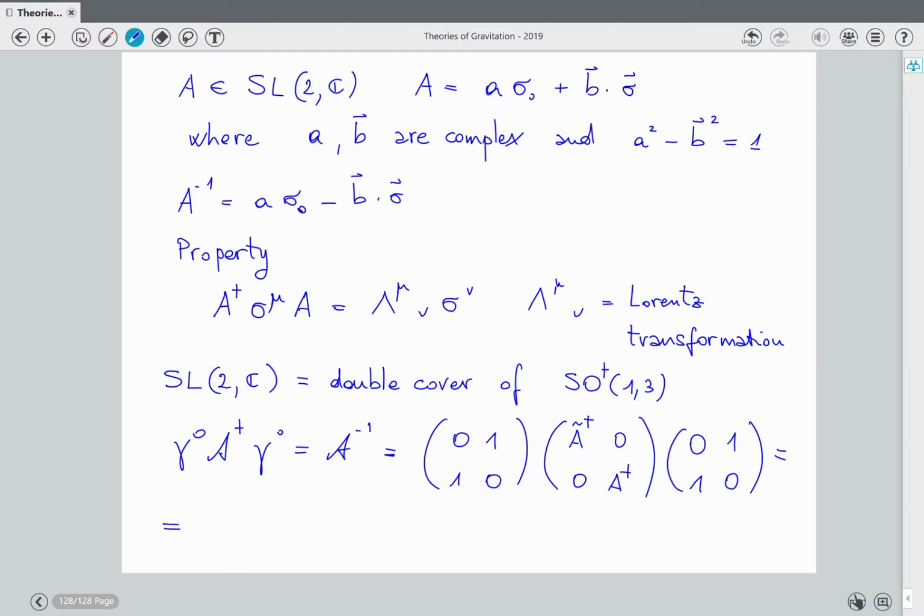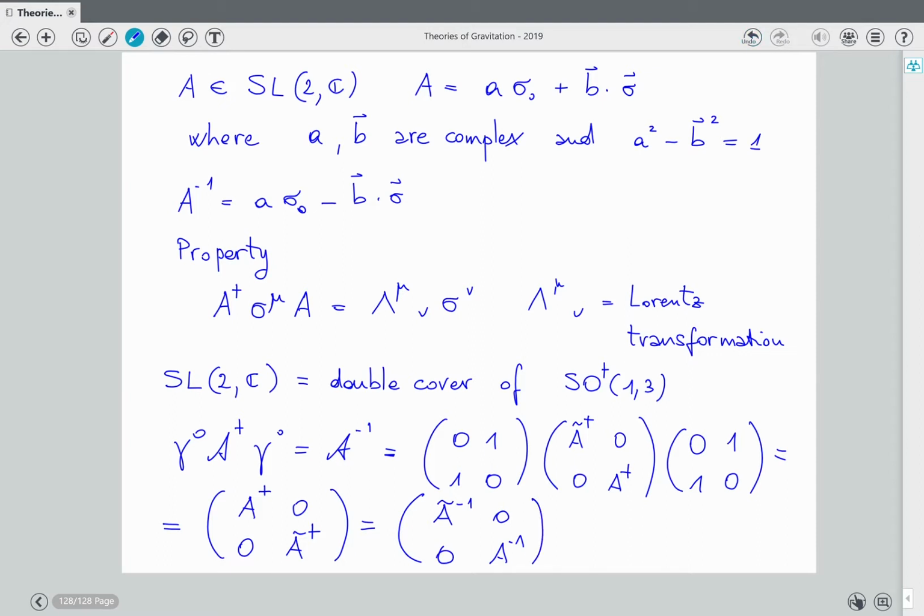That is equal to what? Well, when you multiply by gamma 0 a diagonal matrix, you just exchange the two blocks. And that should be equal to A to the minus 1 instead of A dagger. So A tilde to the minus 1, A minus 1 goes there.